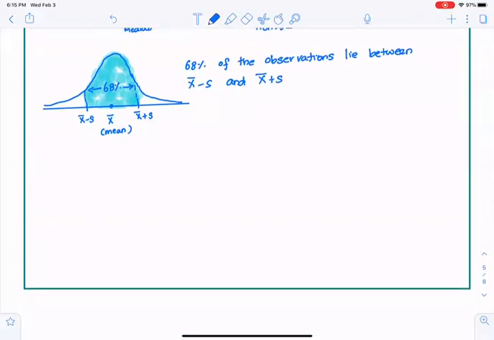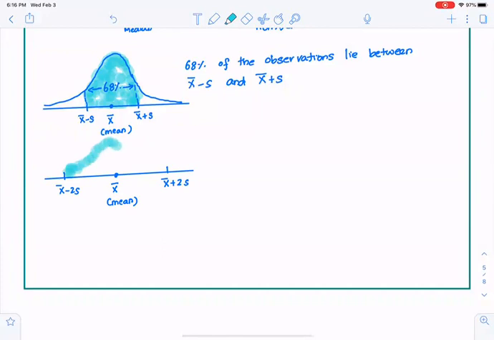In a similar manner, if I went 2 standard deviations from the mean, I'm going to have 95% of the data, and you can see the shape or the area increase as I keep on increasing the standard deviation.